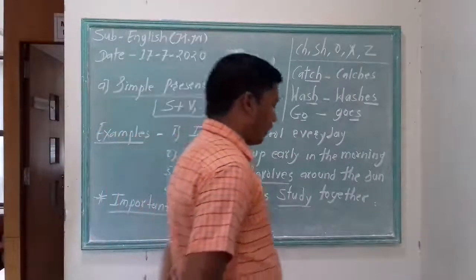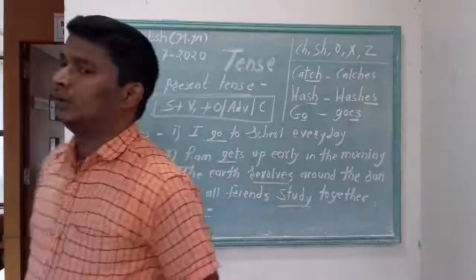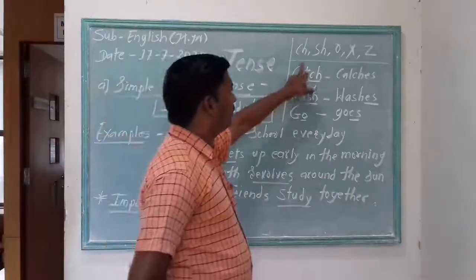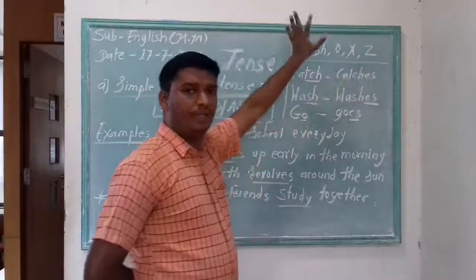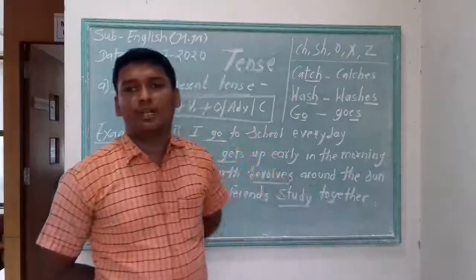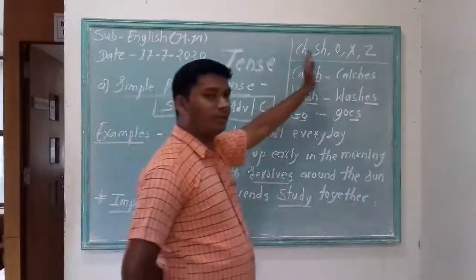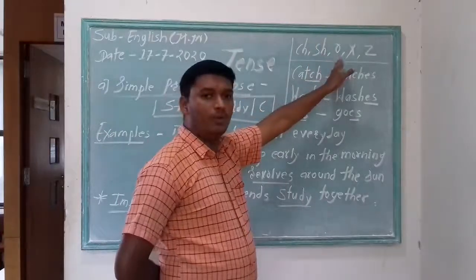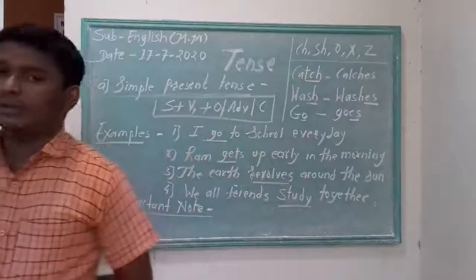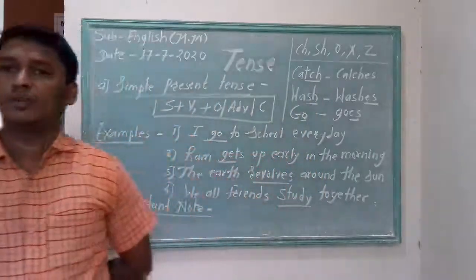After such subjects, full stop. Second note: if the main verb ends with ch, sch, o, x, or z, then such verb ends with the es suffix.